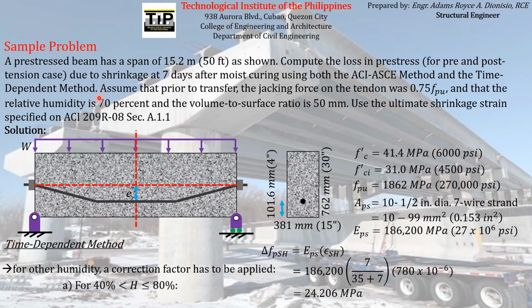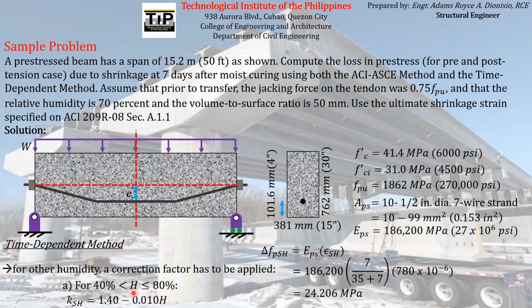since it has a relative humidity with a magnitude between 40 and 80 inclusive, we must use this formula here for us to be able to account for the different factors for other values of humidity.